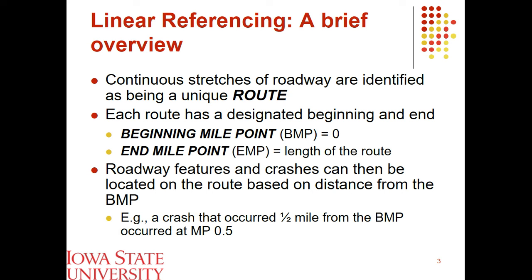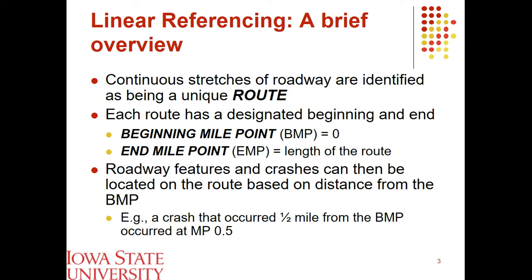Each route we can then talk about in terms of a beginning mile point, which will always be 0 when we're talking about a specific route, and then an end mile point, which is simply the mile point representing the overall length of the route. So if your route is 350.0 miles long, your end mile point will be 350.0.